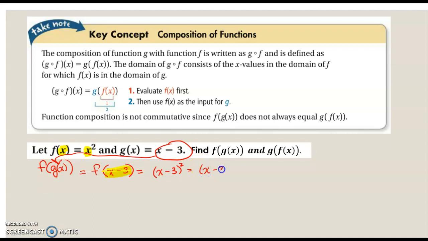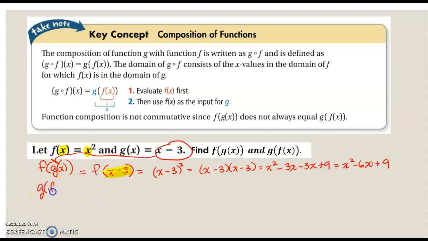And when you multiply that out, you'll have x times x, which is x squared, x times negative 3, which is negative 3x. Negative 3 times x is negative 3x, and negative 3 times negative 3 is positive 9. So you get x squared minus 6x plus 9.